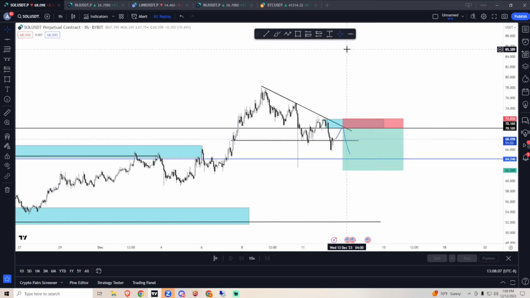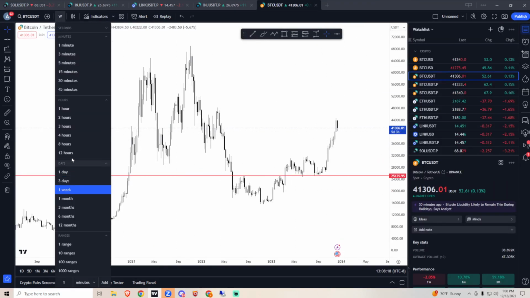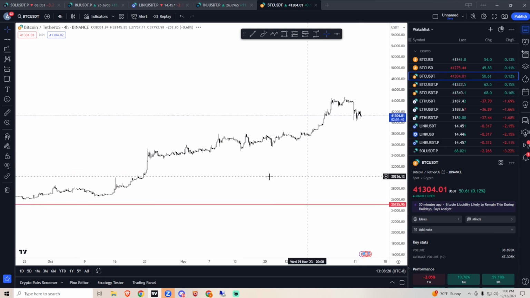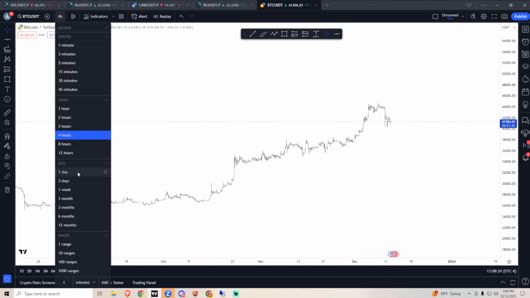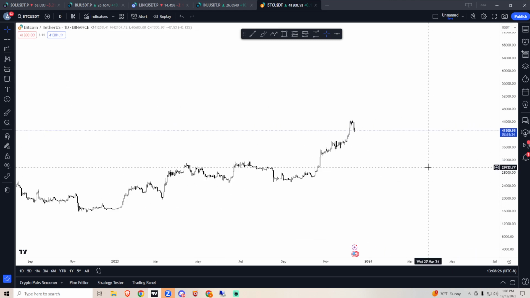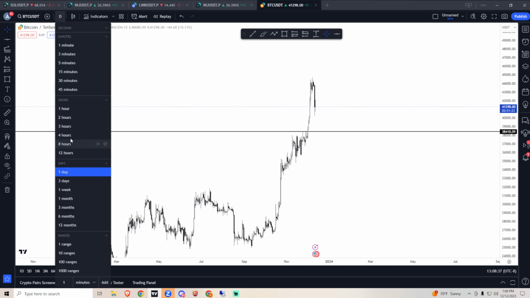You think this dump is over, or do you think we will go even lower before we move up in the market? I think, personally, I think we go to test 38K levels in the 38s.